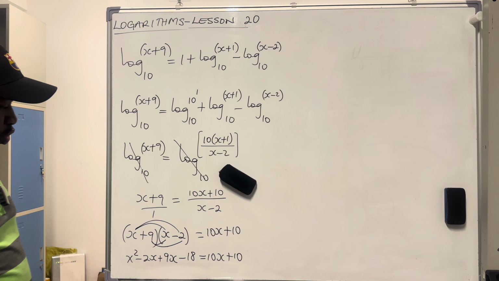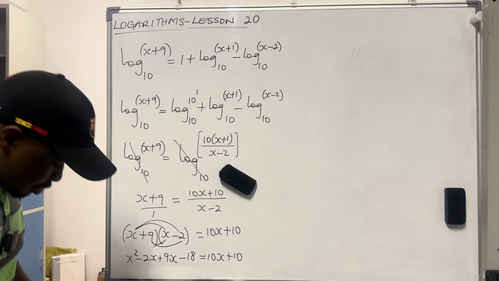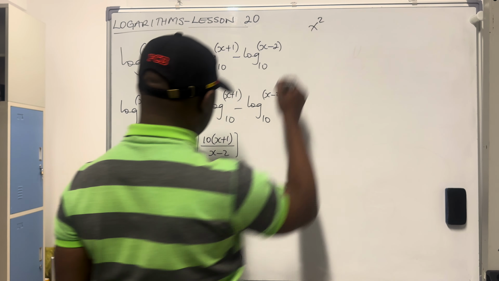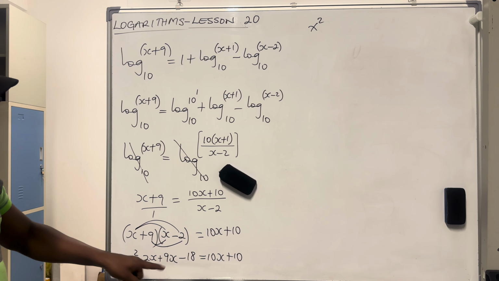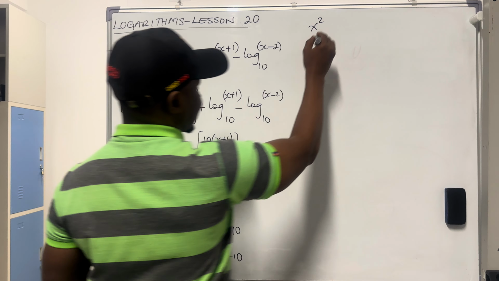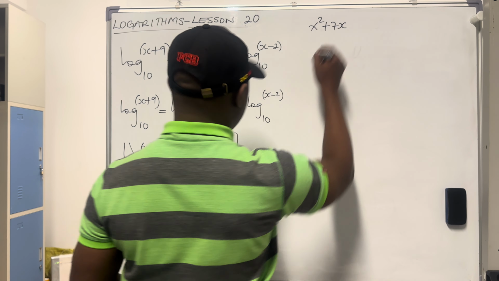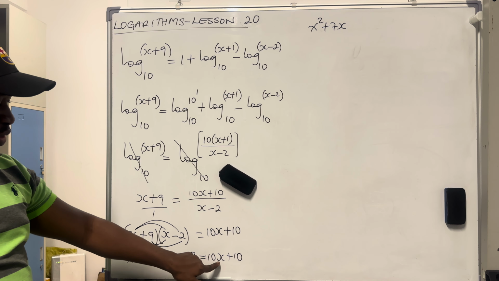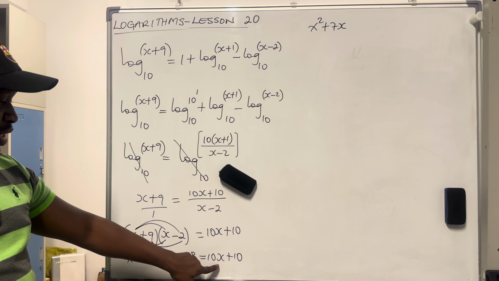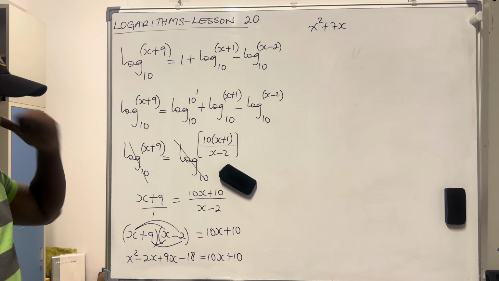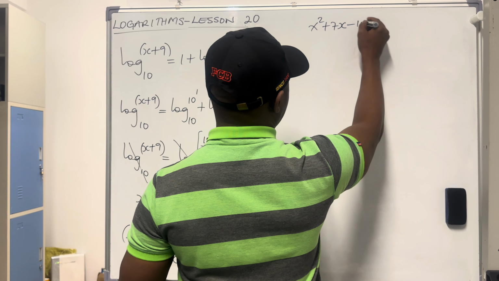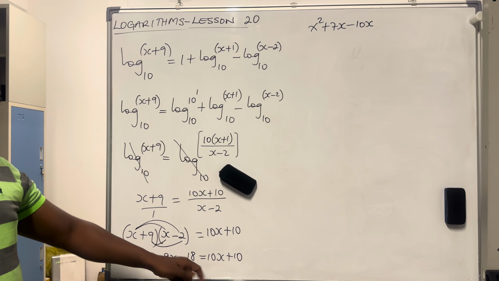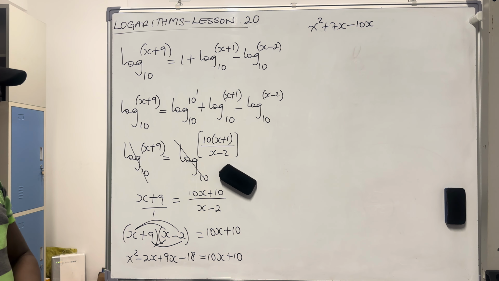Okay, so we say x squared minus 2x plus 9x, that is 7x. Here is minus 18. But before we write minus 18, let us collect like terms. 10x goes to the left, as minus 10x. Remember, on the right hand side, it is there with a plus sign. Switching it over to the left, the sign has to change.